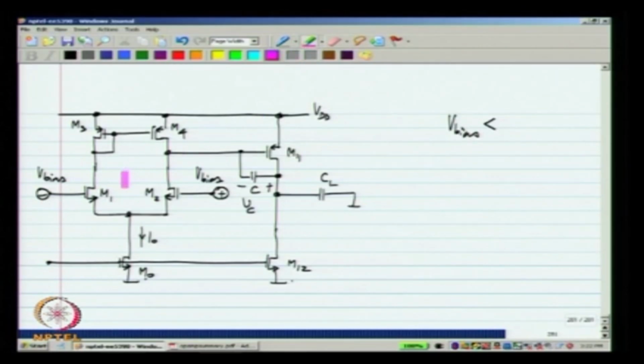The maximum value would be the drain voltage of M1 plus 1 threshold voltage.